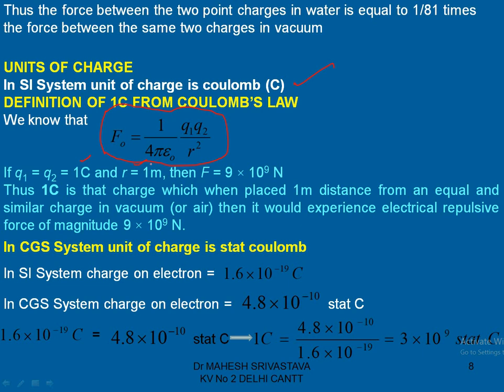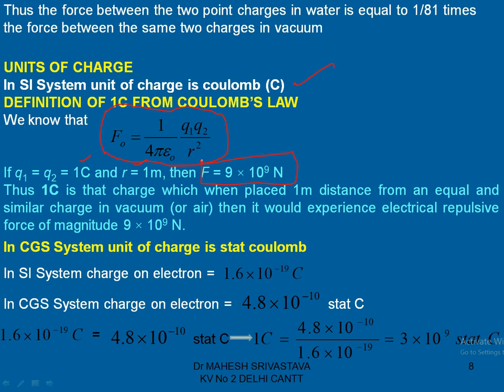So this value I have already calculated, 9 into 10 to the power 9, and Q1 is 1 coulomb, Q2 is 1 coulomb, into 1 divided by 1 square. So what you will get after the calculation is F equal to 9 into 10 to the power 9 Newton.